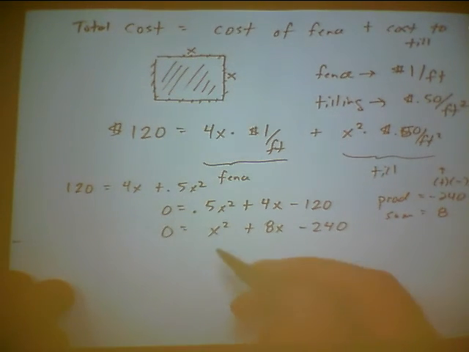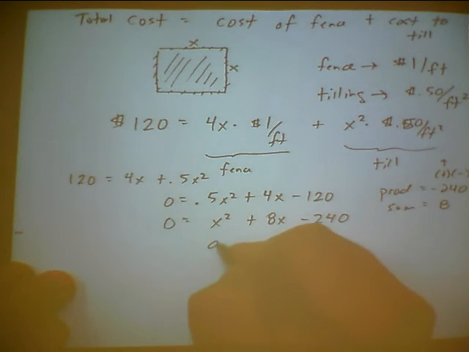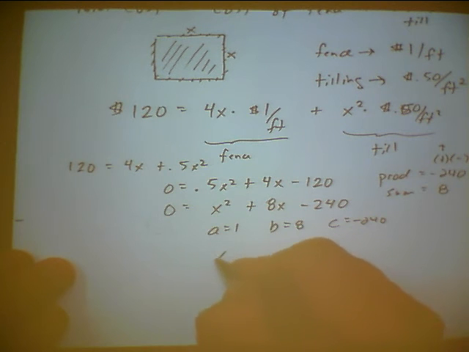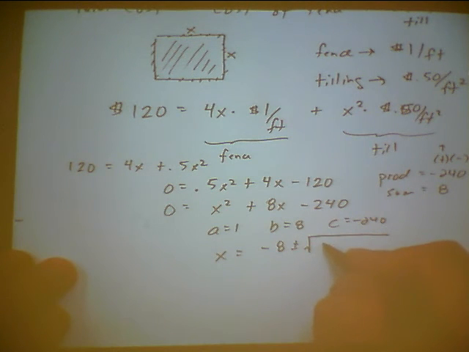So how about I just use the quadratic formula? A is 1, B is 8, C is negative 240. So therefore, x is negative b plus or minus the square root of b squared minus 4 times a times c, all over 2 times a.